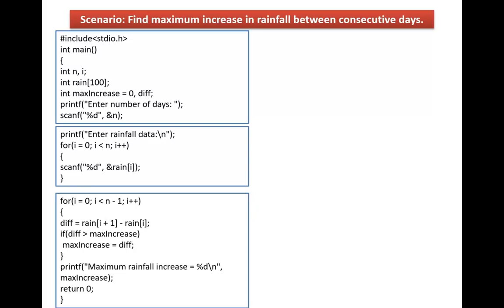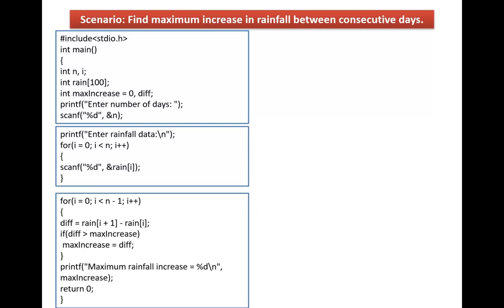So now I should find out the difference. So how should I find out the difference between two consecutive days? And I should find out the maximum increase, right? So look, I use a for loop. For i equal to 0, i less than n minus 1, i plus plus. So for 0 to n minus 1, this for loop runs. What is actually happening inside the for loop? rain of i plus 1 minus rain of i.